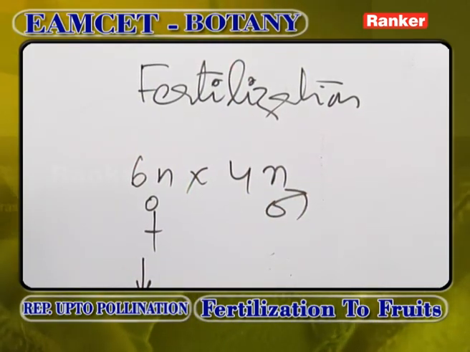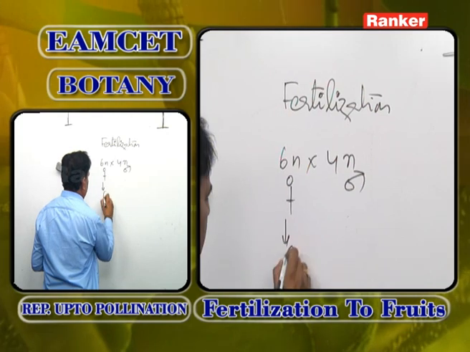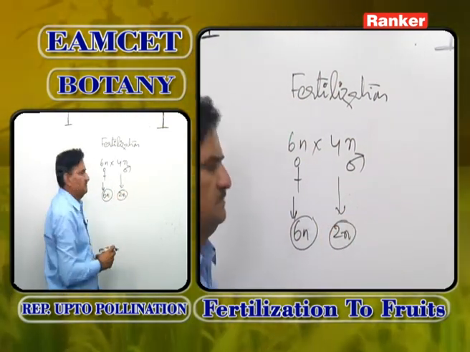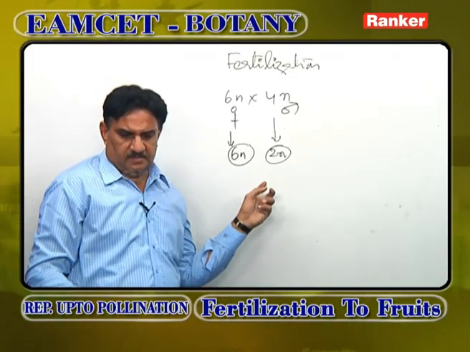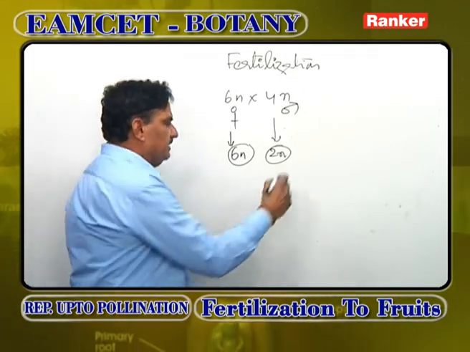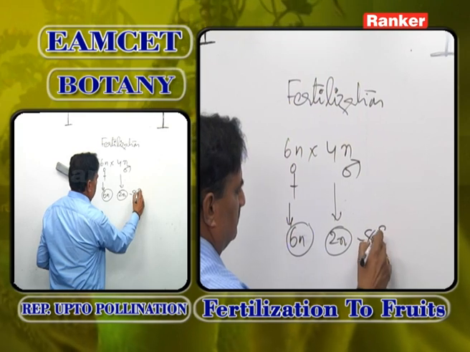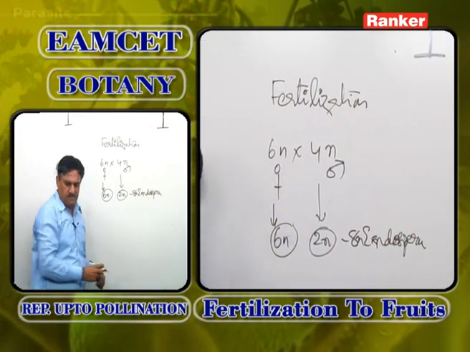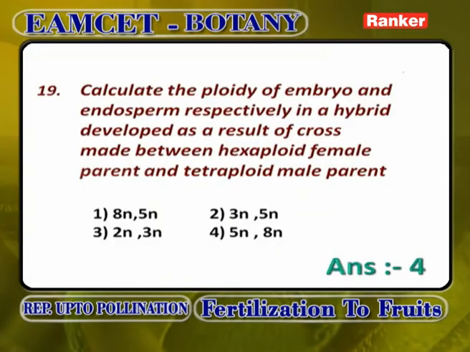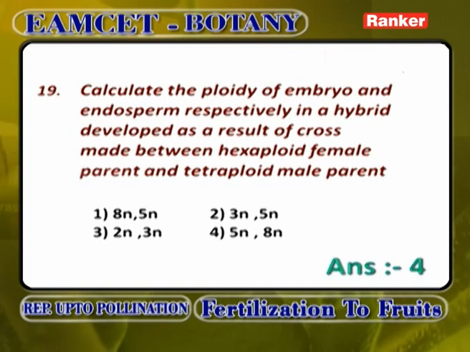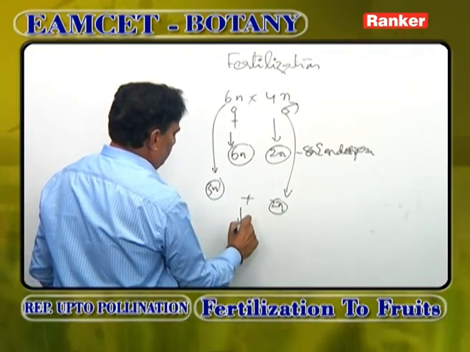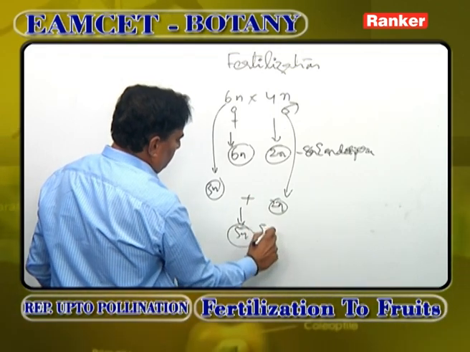In the 6N female plant, 6N is the secondary nucleus and 2N will be from the male gamete. So 8N is the endosperm. For the embryo, from here half will come, 3N. From here half will come, 2N. Both will unite to form 5N. So 5N is found in the embryo.